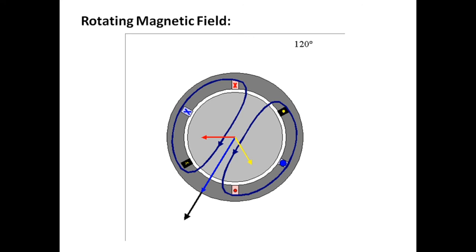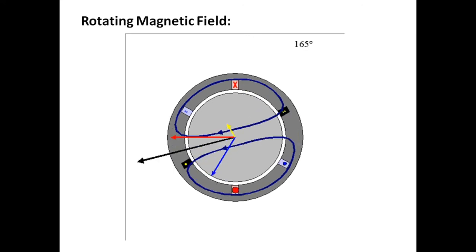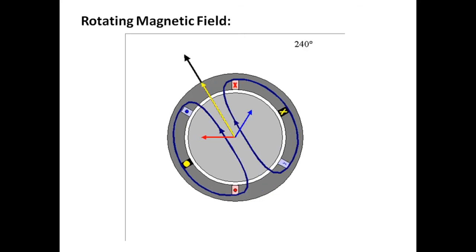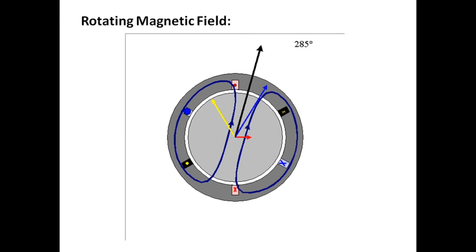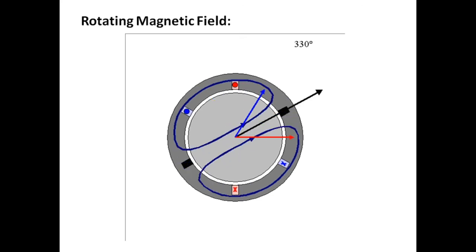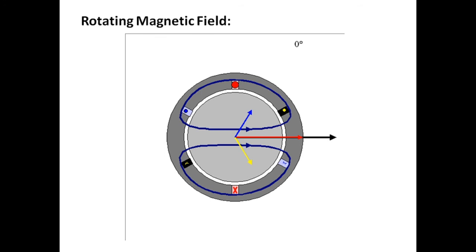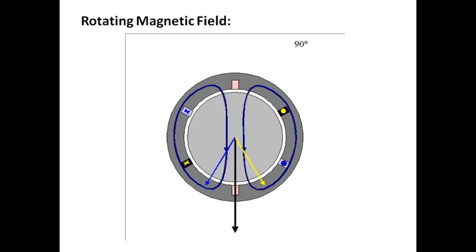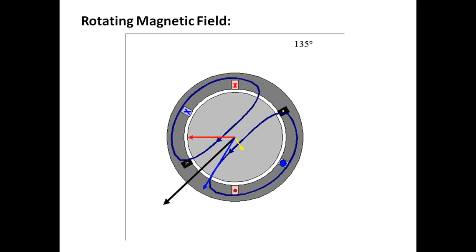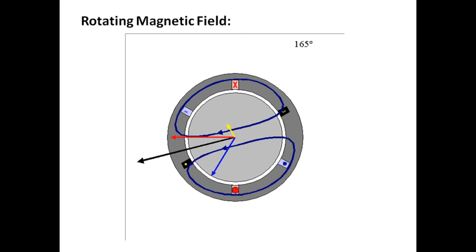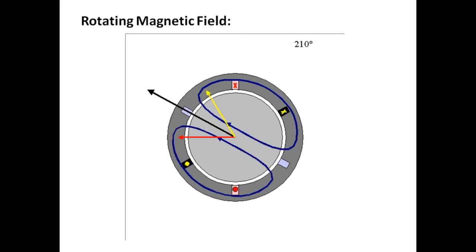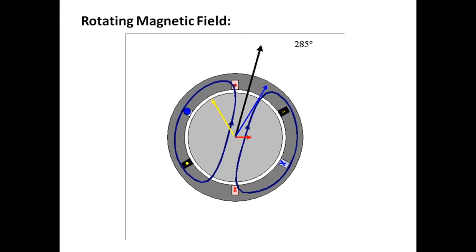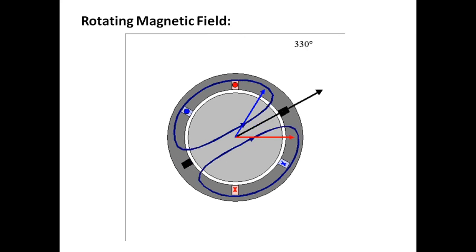Current is there in phase R, phase Y and phase B, based on the voltage equations, with a 120 degree phase difference between the currents. The magnetic field produced in the R phase is called phi 1, in the Y phase phi 2, and in the B phase phi 3.